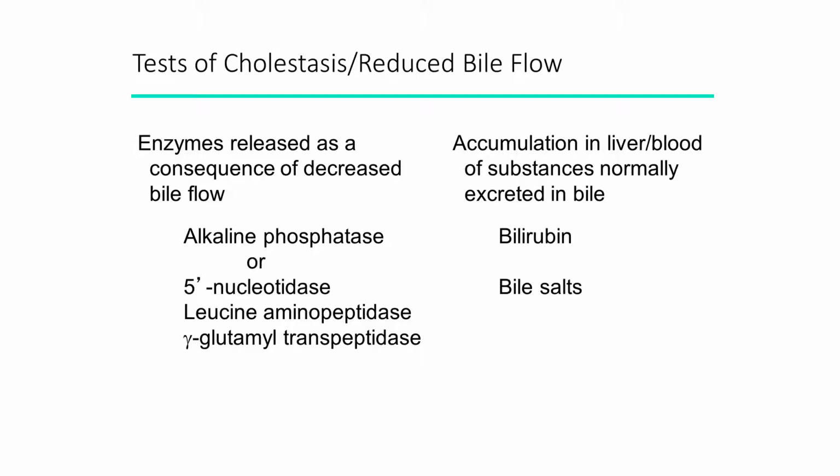Your hepatic ALP, or as we call it, your isoenzyme ALP-1, is present mainly in the mucosal lining of the bile ducts. So it's usually found along the mucosal lining of your biliary ducts. The usual flow of bile into the small intestine maintains the normal serum level of your alkaline phosphatase.